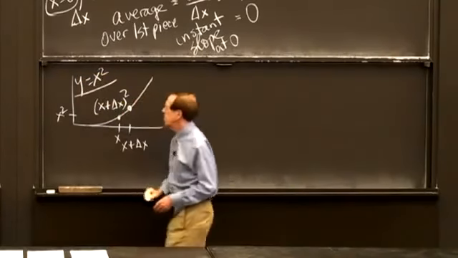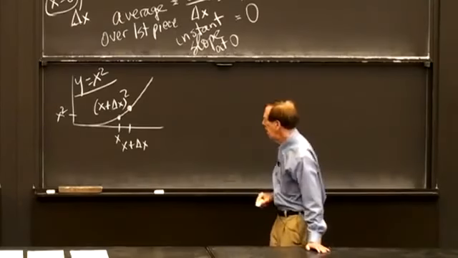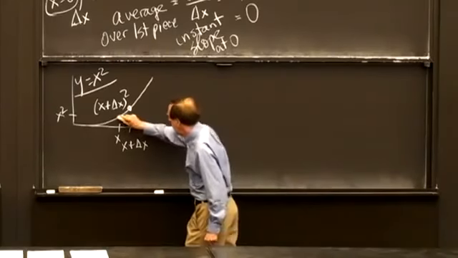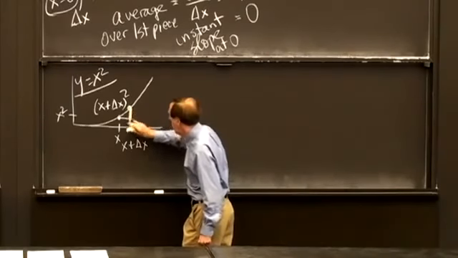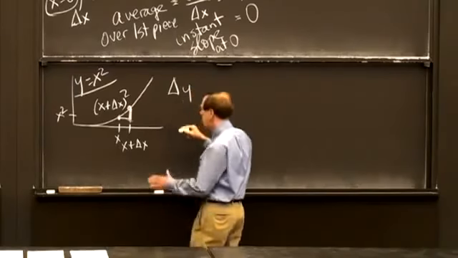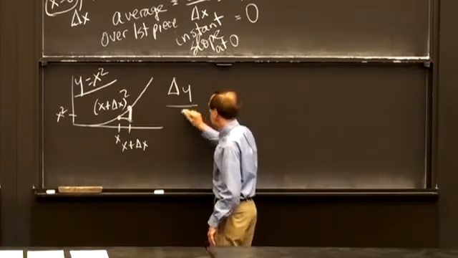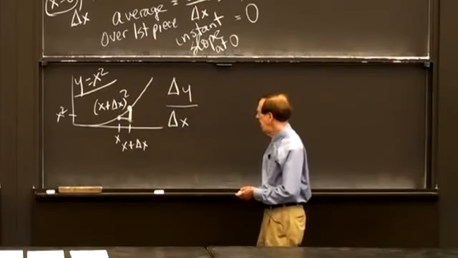We have this nice, simple parabola. Now I look at distance across and distance up. So delta y is the change up. Delta x is the across.